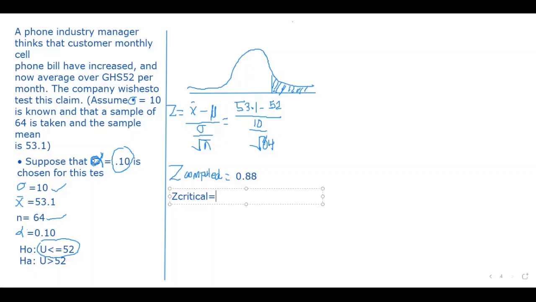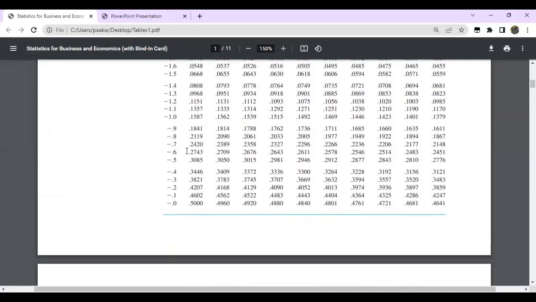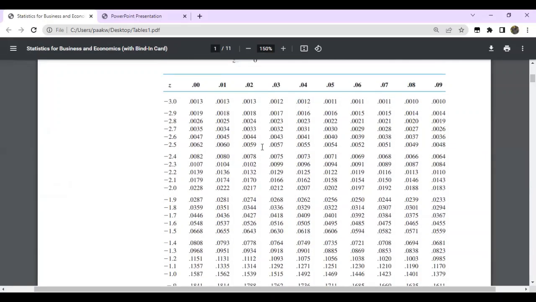Let me share the table. All right, it's here. So let's look for 0.1. Where can I see 0.1? All right, so 0.1, where is it?